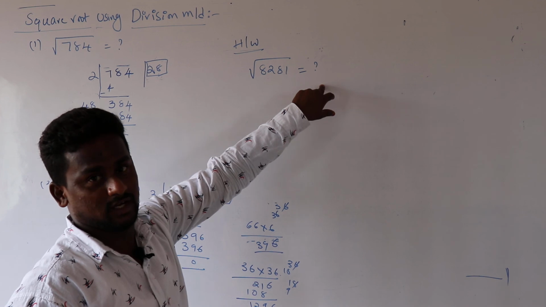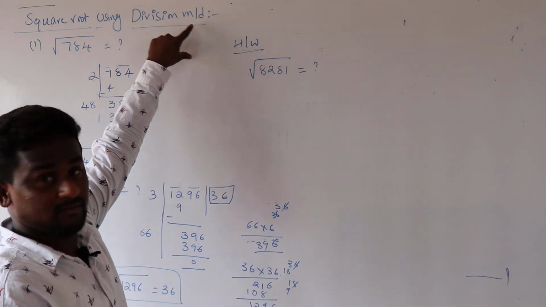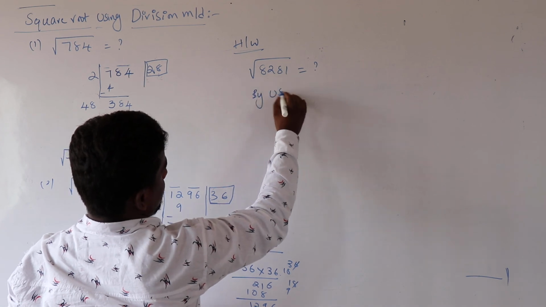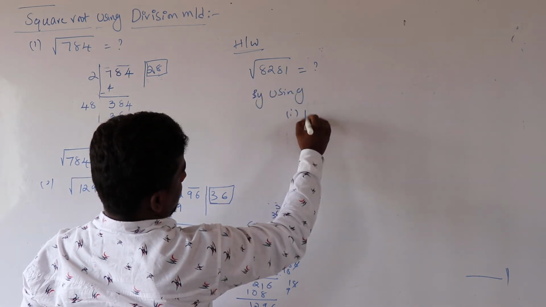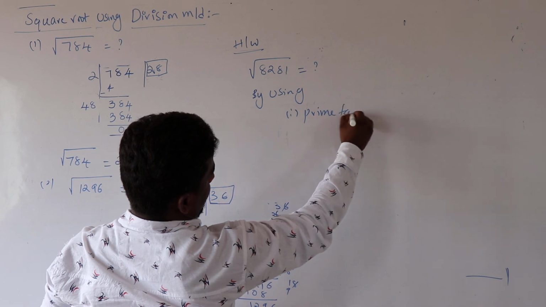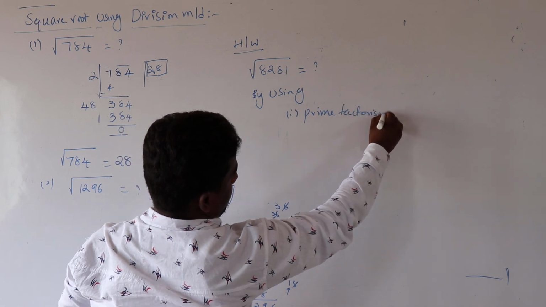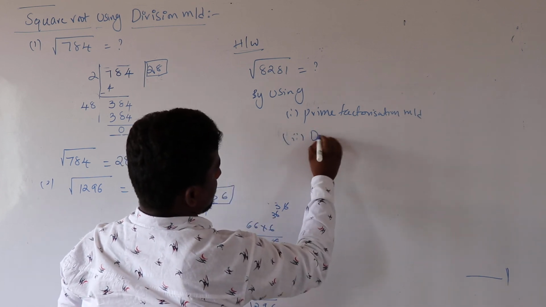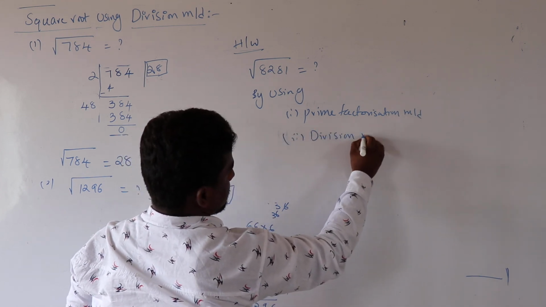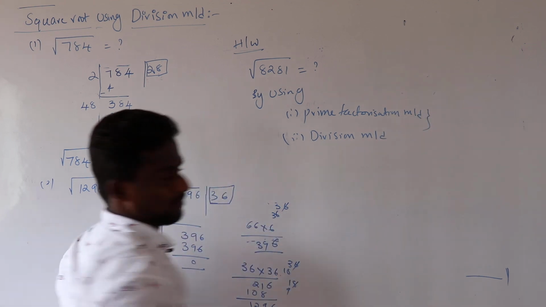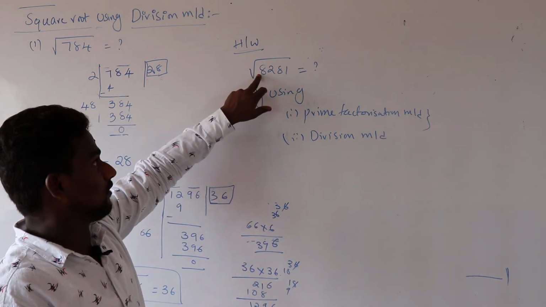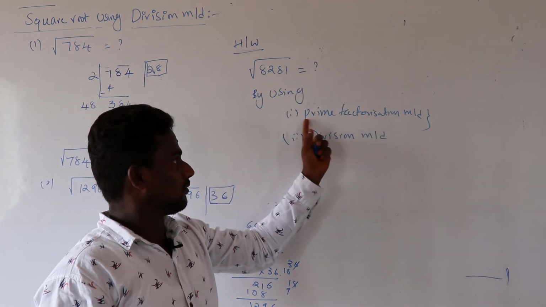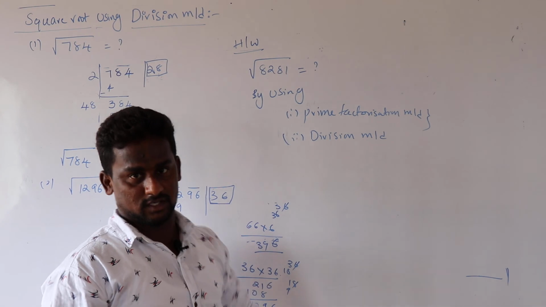This one you have to calculate by using both methods, the prime factorization method and then the division method. Both methods will give the same answer. This is your homework. What is the value of the square root of 8281? That is your homework, sir. Okay, I have to do two methods. Okay, thank you.